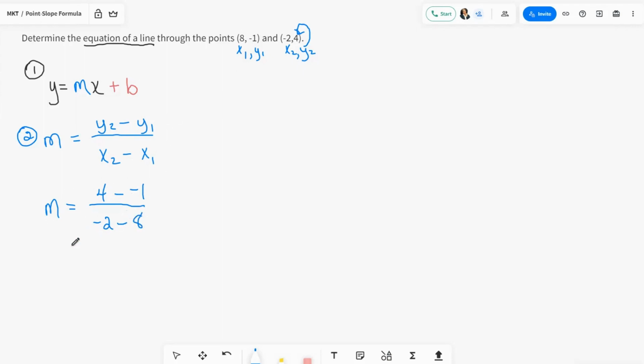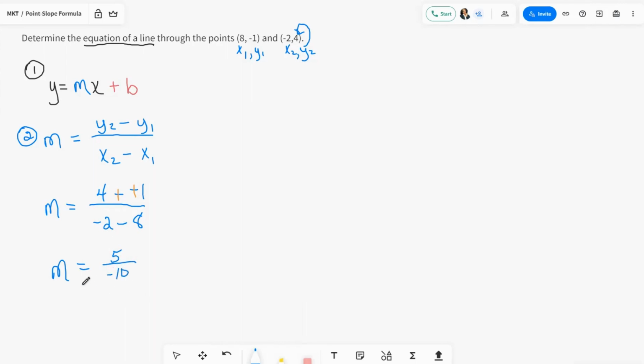Now we're just going to simplify this slope, find out exactly what that number is. We've got 4 minus a -1. Anytime we have signs stacked, they cross each other. A negative times a negative gives us a positive. So let's go ahead and find out what that is. 4 plus 1 is a 5 in the numerator. -2 minus 8, we add those numbers and keep the sign.